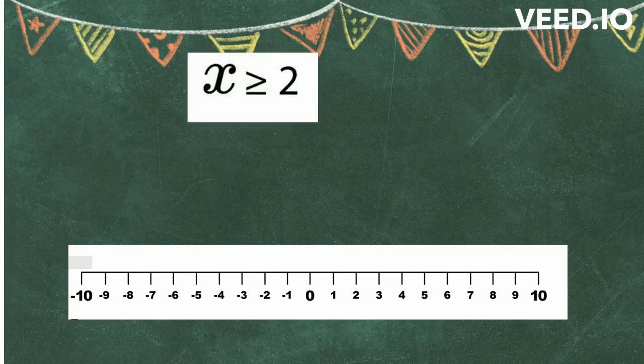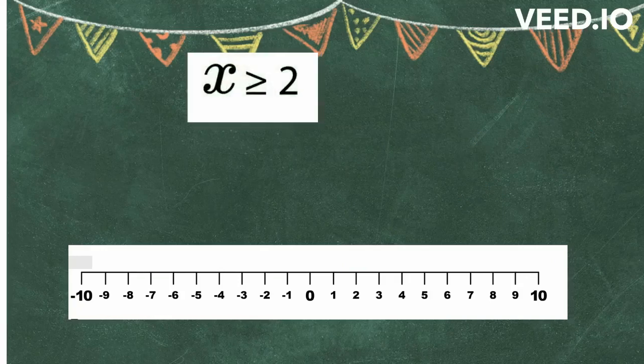Suppose we say x is greater than or equal to 2, which means x can hold any value more than 2. Does it hold a value of 2? Yes, it can, because it is greater than or equal to.